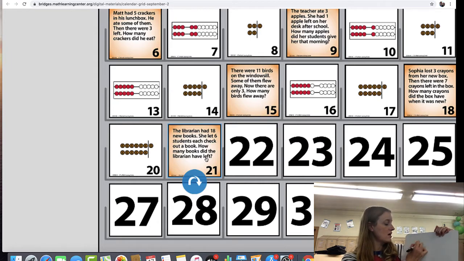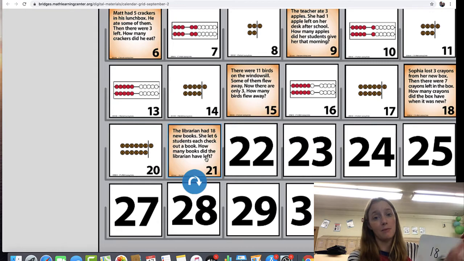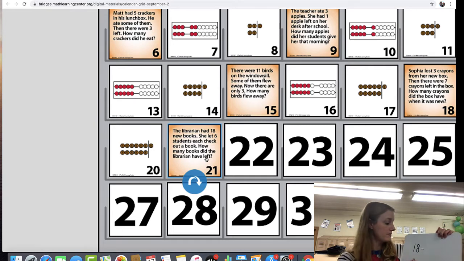So if we start with 18, if she let students check them out, is she getting more books? No, right? She's giving them away. So we know we have to subtract them because our number should get less because we're giving something away to children. So it would be 18 minus 6 equals something, right? We don't know that number yet. So that's what we're going to work on right now.